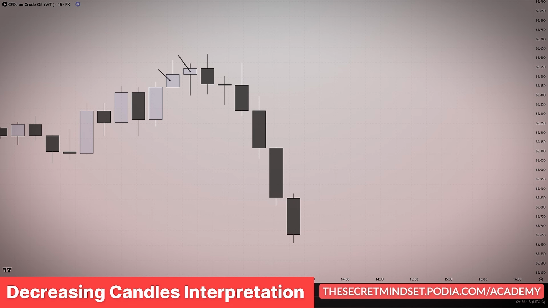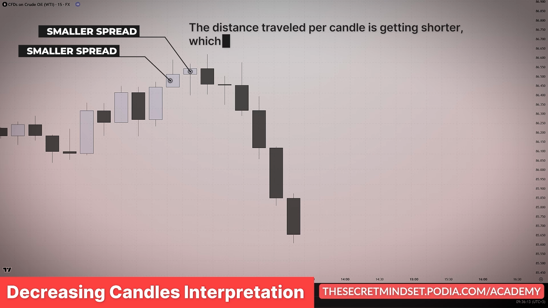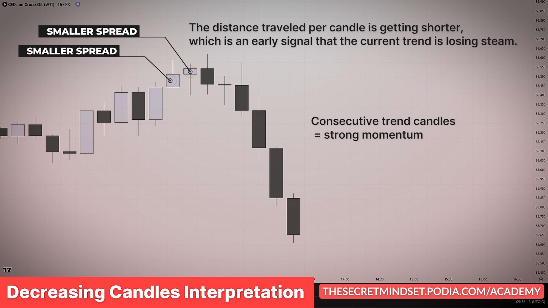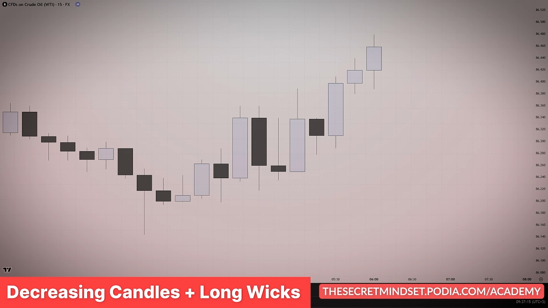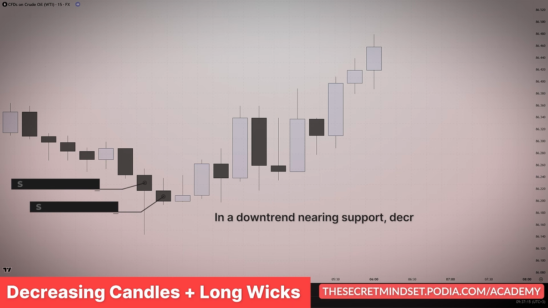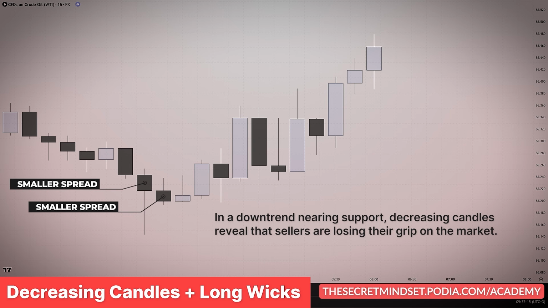The smaller candles suggest that the distance traveled per candle is getting shorter, which is an early signal that the current trend is losing steam. For example, in an uptrend approaching resistance, decreasing candles show that buyers are losing control and momentum. In a downtrend nearing support, decreasing candles reveal that sellers are losing their grip on the market.